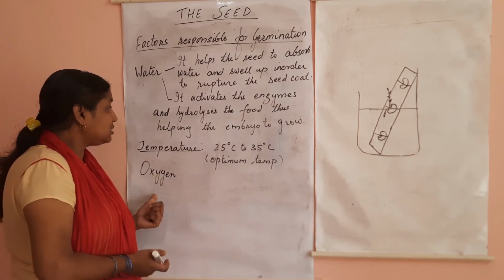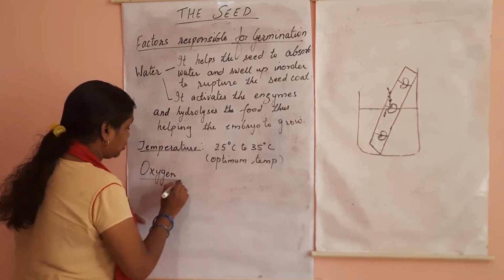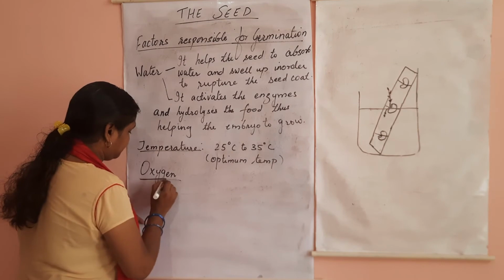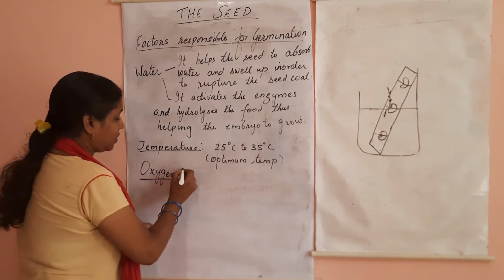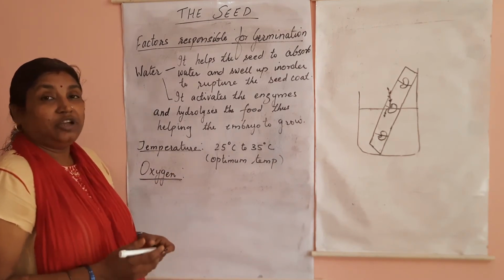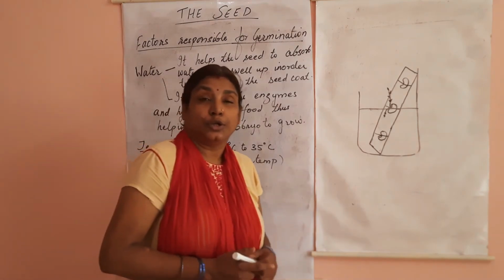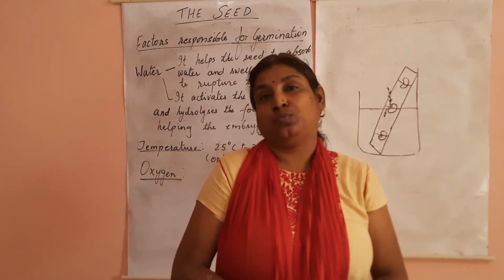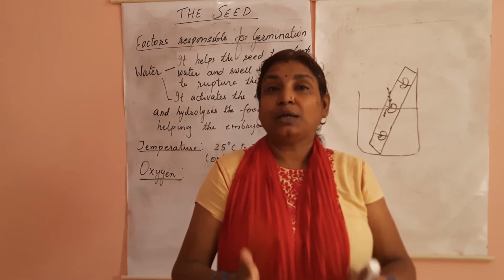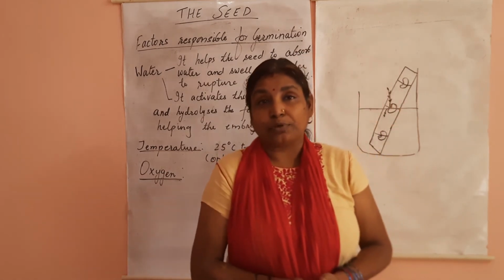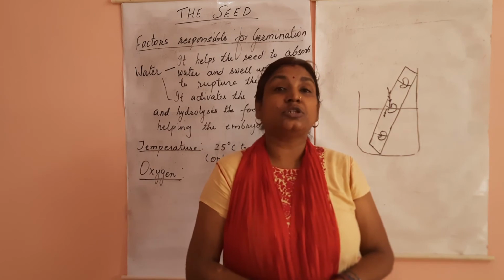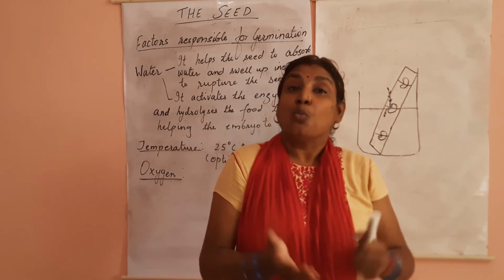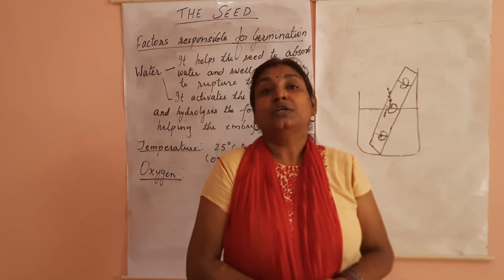Coming to the last important factor, that is oxygen. Now we all know, what is germination? Germination is the growth of a new plant. When the plant is growing, there is rapid cell division taking place, adding more and more cells.